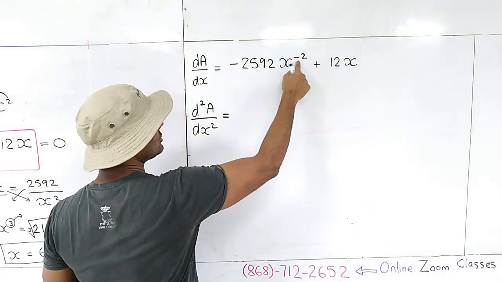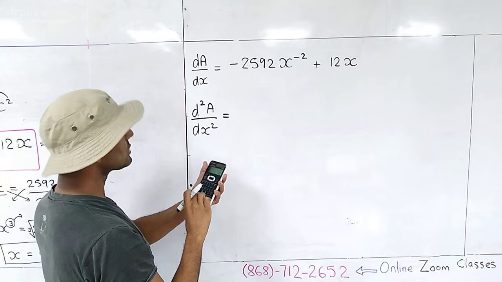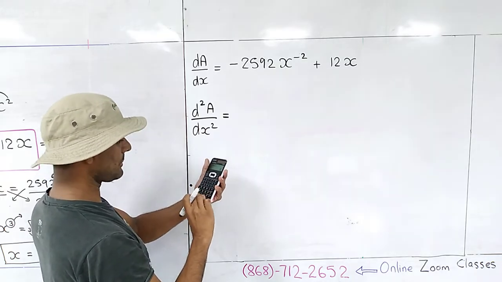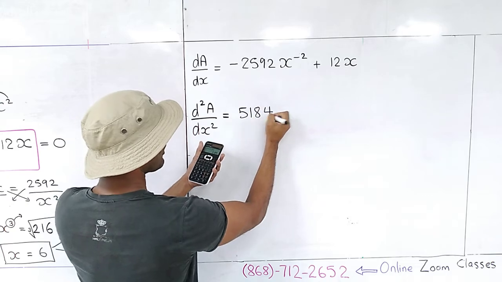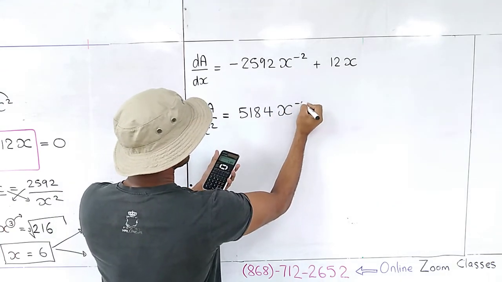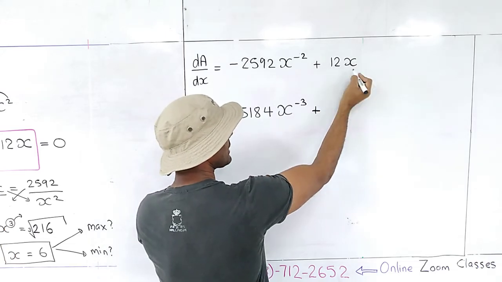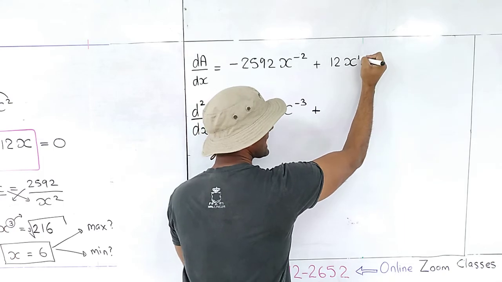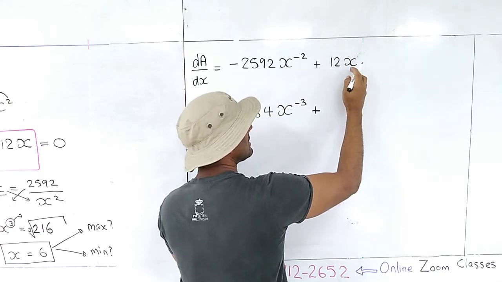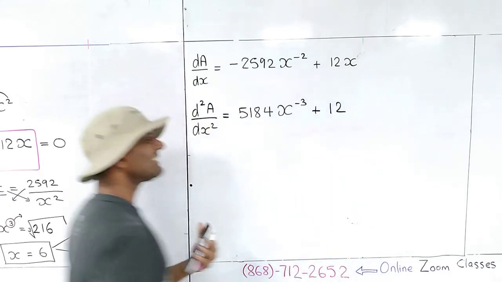So minus 2 will get multiplied by this minus, giving you a positive. 2592 multiplied by 2 is 5184, and you have to minus 1 from the power. So we get minus 3. And when you differentiate 12x, whenever you differentiate something touching x alone, I'm talking about x to the power 1, you're left with the number touching it. It's a little shortcut.